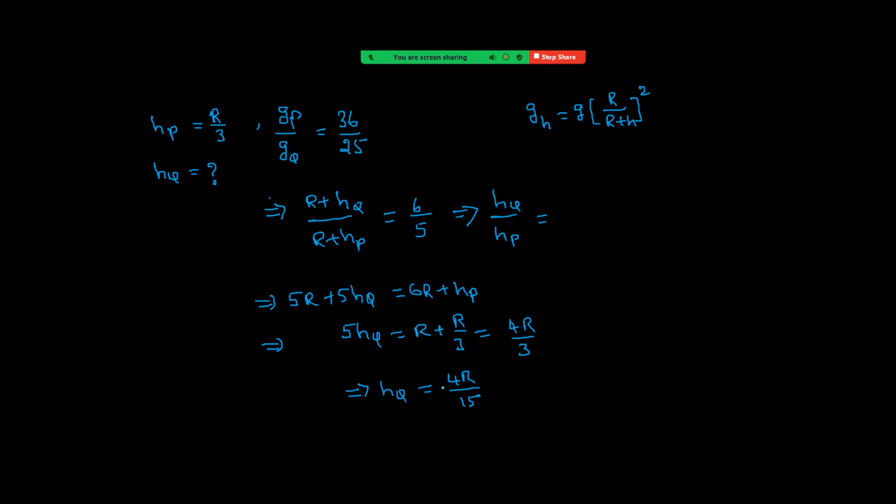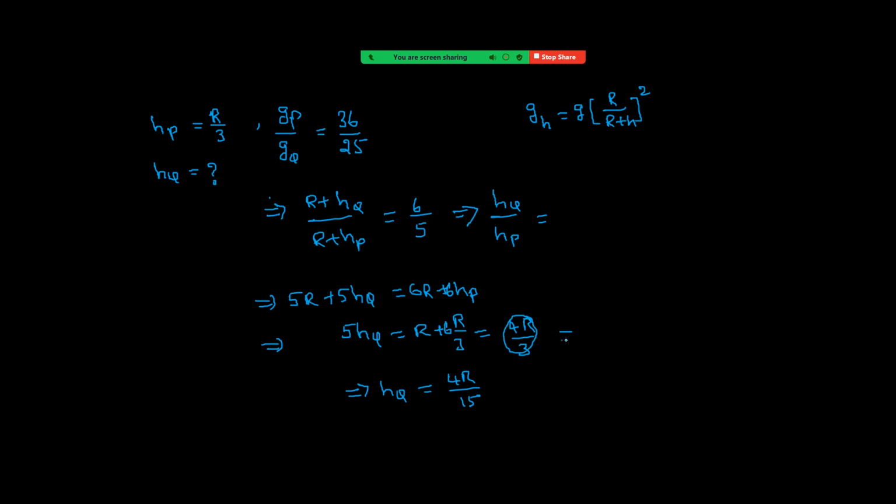See once carefully the condition of what it is given. GP means R square by R plus H whole square, R plus HP, R plus HQ, 6 by 5. Right? So it is 5R plus 5HQ equal to 6R plus 6HP. 6 is missing here.